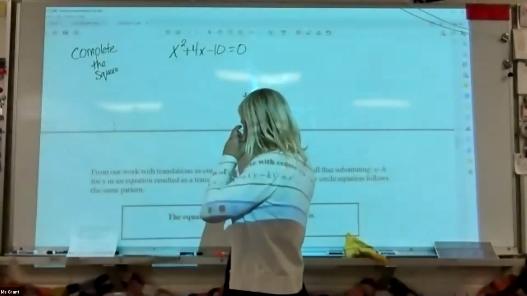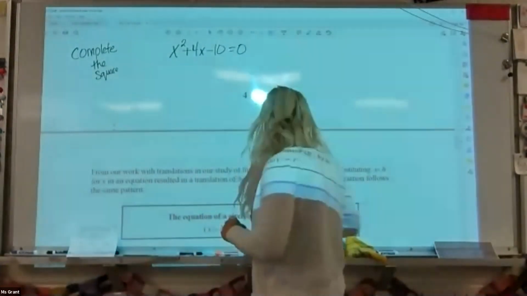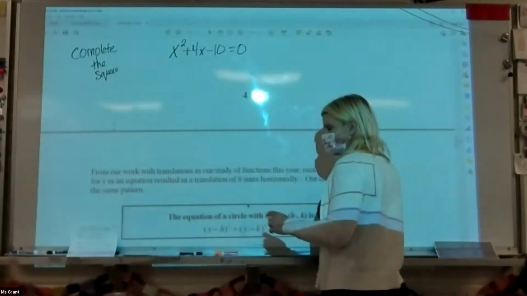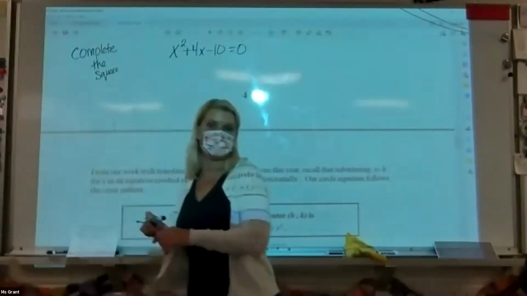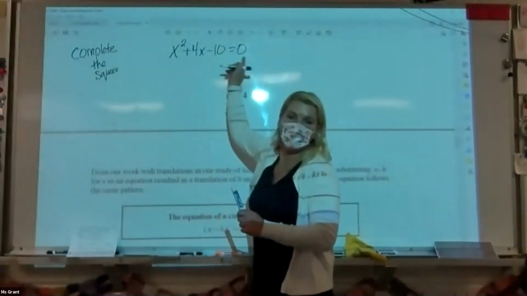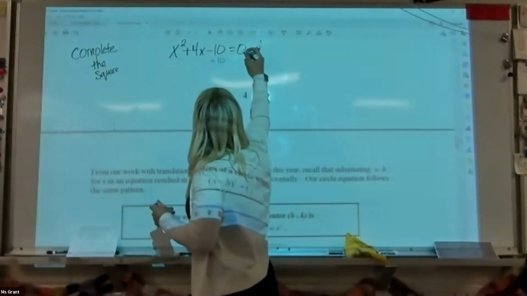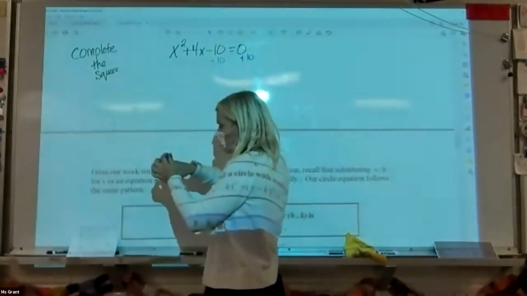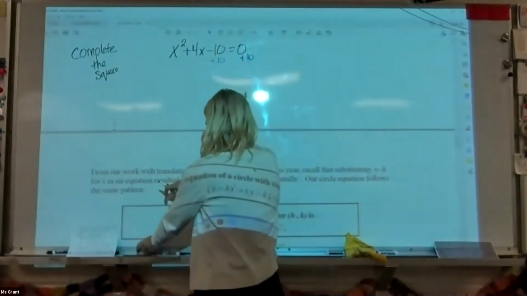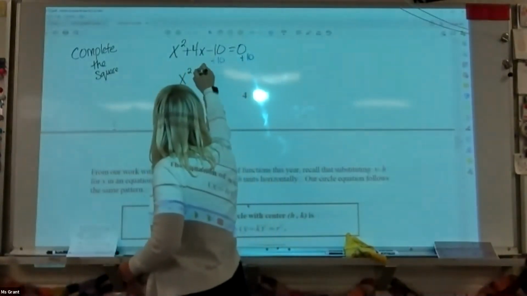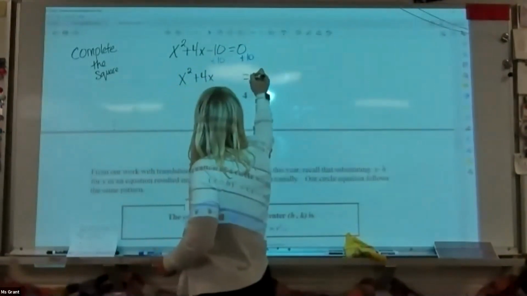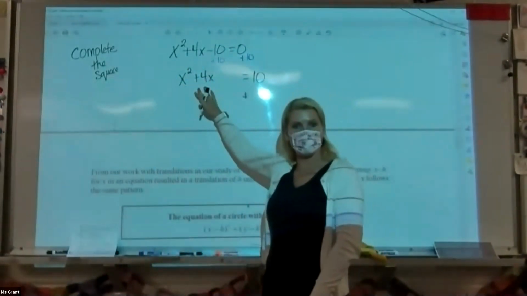So our first job is to move the c over to the right-hand side, because I need to focus on this portion here.